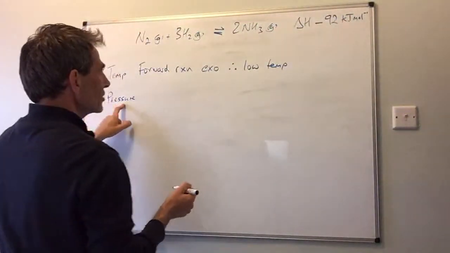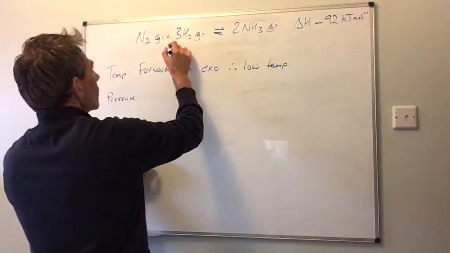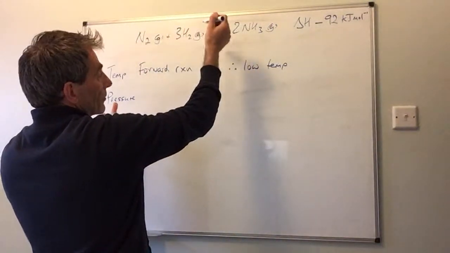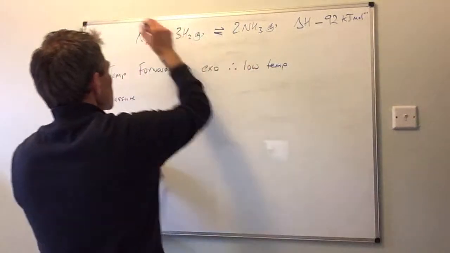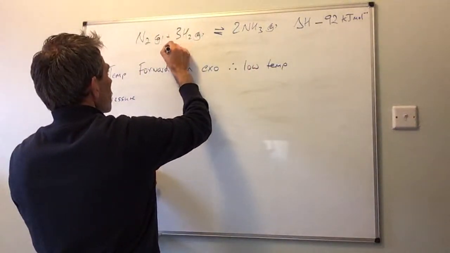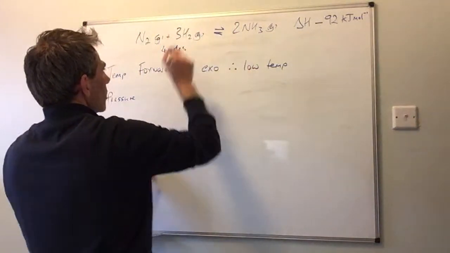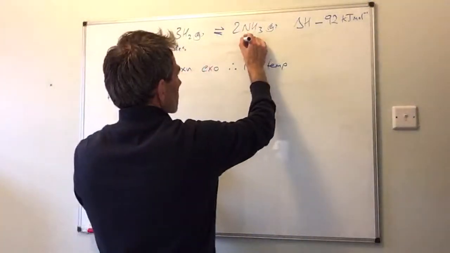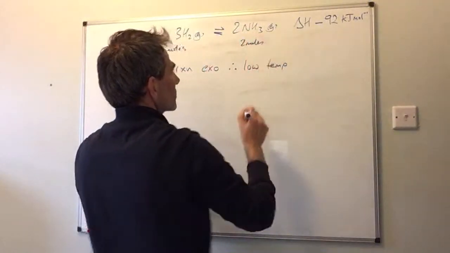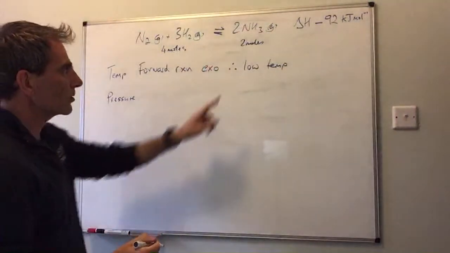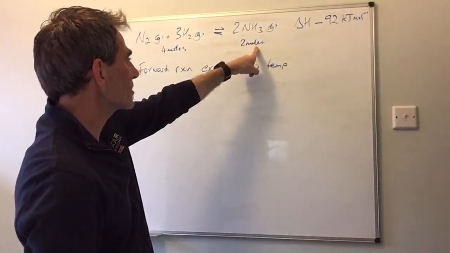In terms of pressure, we're looking at the moles of molecules: 1 plus 3, so there's 4 moles of gas on the left hand side versus 2 moles of gas on the right hand side. So that's the smaller side.